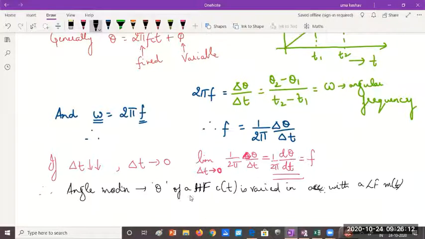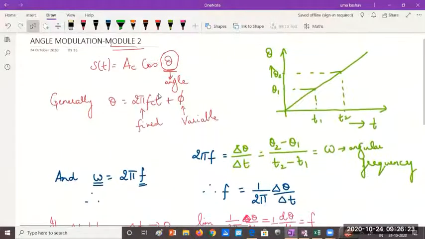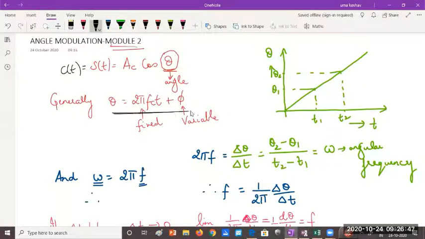Okay. Next you just say, generally a high frequency carrier signal can be represented as AC cos theta, where theta is generally the sum of a fixed and variable component as shown.